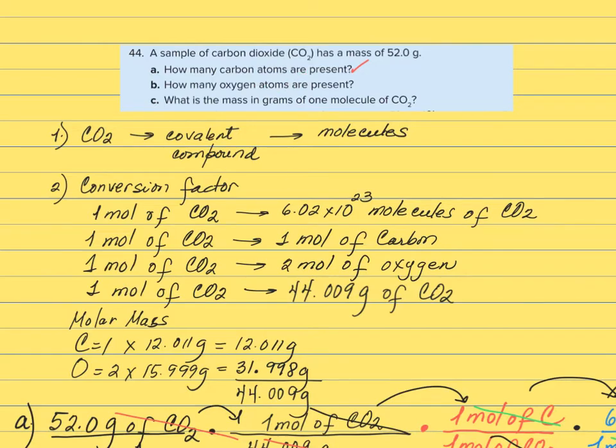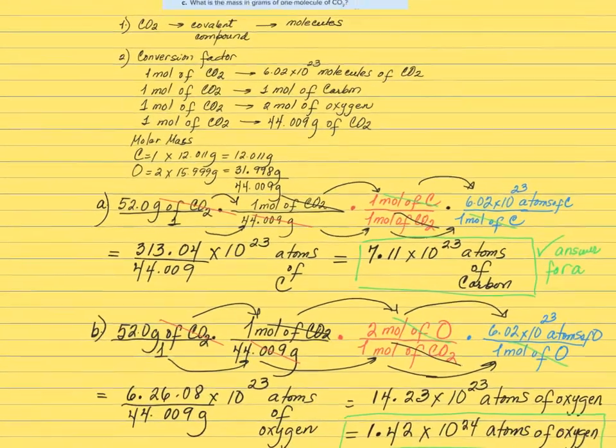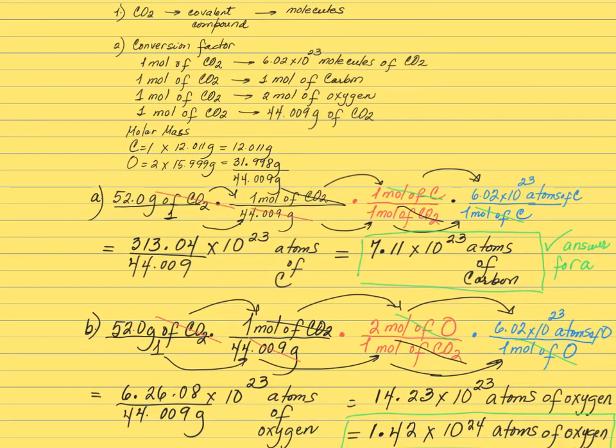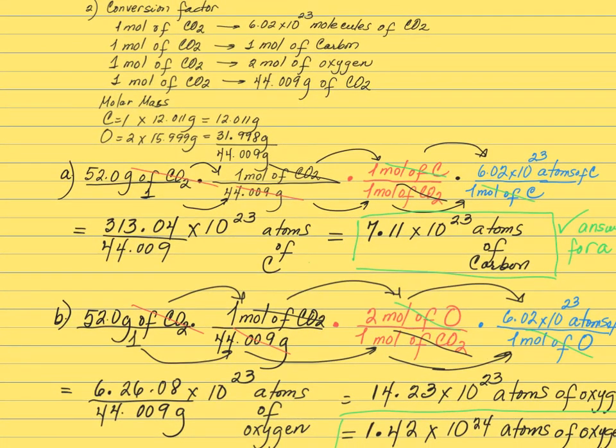My third step is to set up the conversion factors. I'm going to start with what I have. Super important: I have 52 grams of carbon dioxide, but I want atoms, and I have grams, so I'm going from grams all the way to moles.